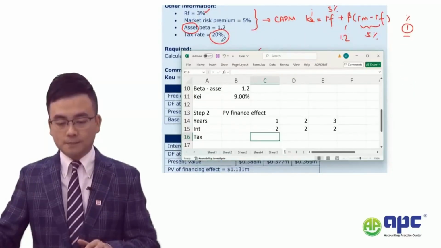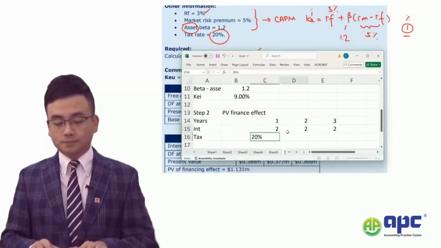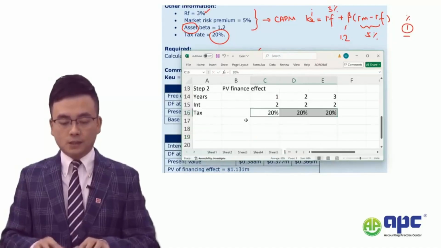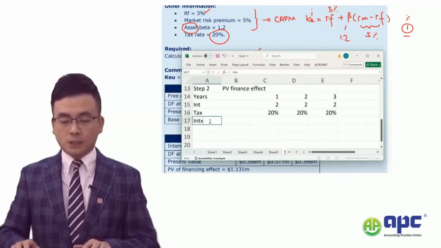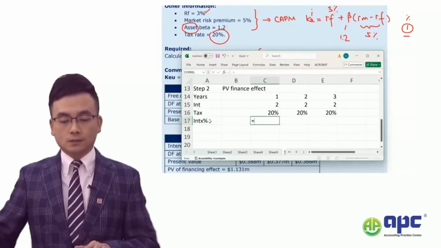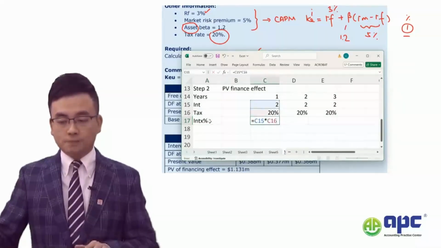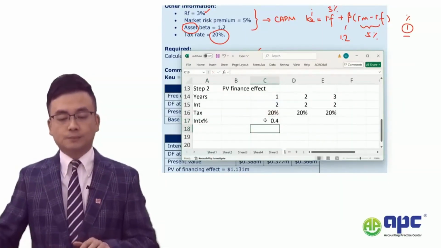We drag it here, and then we calculate the interest times the tax rate, which is 0.4 each year. Drag it across.